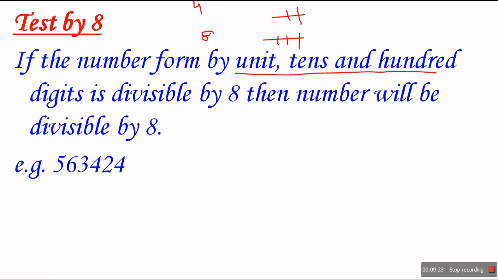Let us take this example. We need to check only these 3 digits. 8 5s are 40, 8 3s are 24. So this number is divisible by 8, which means this complete number is divisible by 8. We need not perform actual division of the complete number. If the last 3 digits are divisible by 8, the number is divisible by 8.